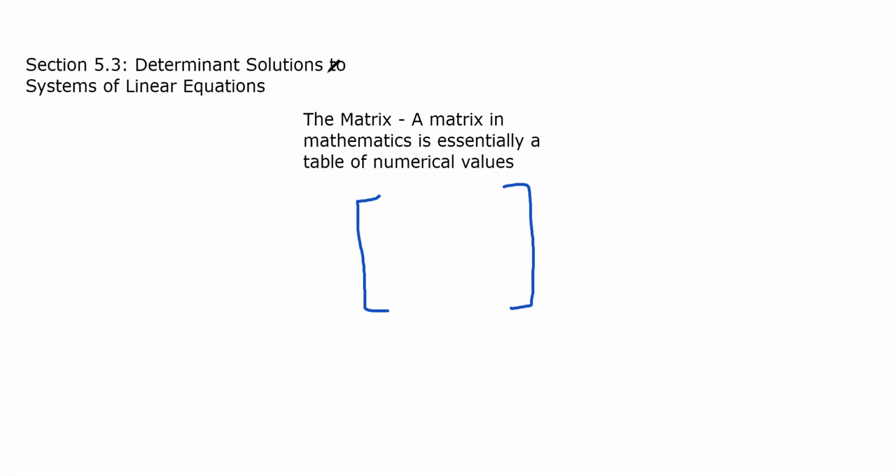These are either numeric values, or if there are variables in them, the variables are meant to represent numbers. So at the end of the day, it is still numerical. So you might have a matrix like this. And we try to properly space everything out.